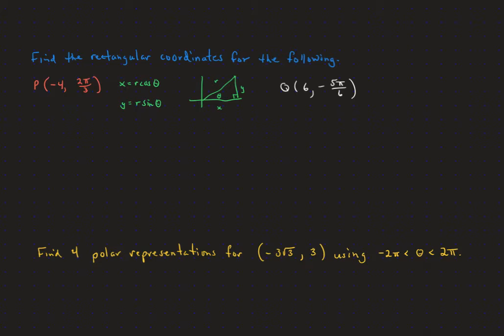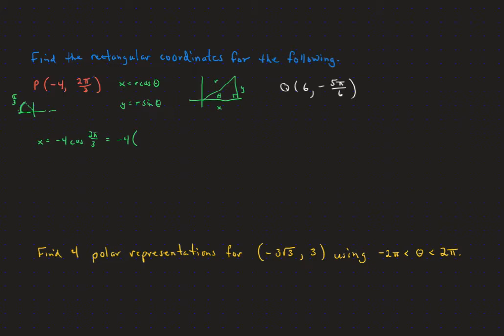So for us, we're going to get x is equal to negative 4 cosine of 2 pi over 3. And we know these. Let's see, the reference angle for the cosine of 2 pi over 3 is going to be pi over 3. We know that cosine starts big, so it's going to be 1.